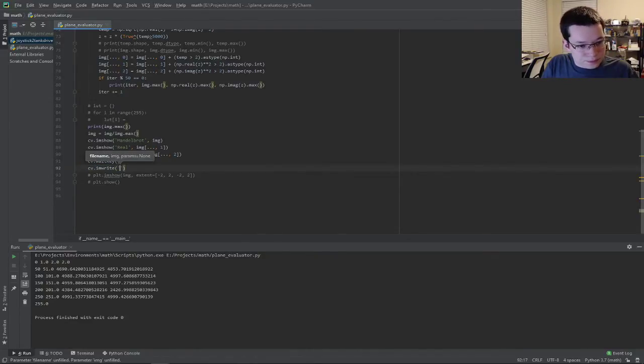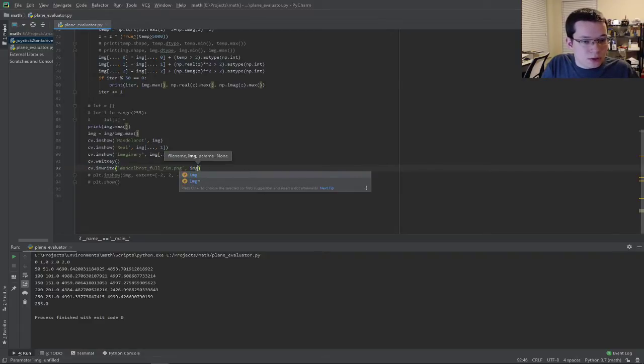File name Mandelbrot full real imaginary magnitude, and we're going to save img.